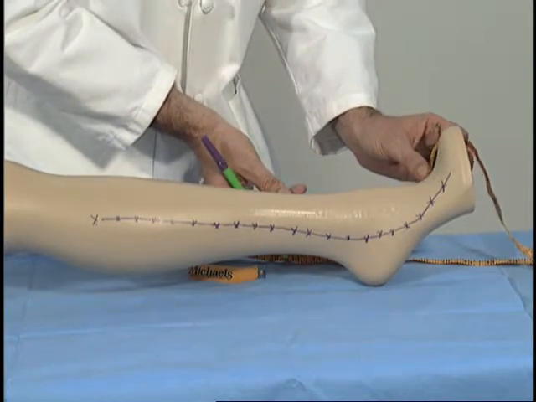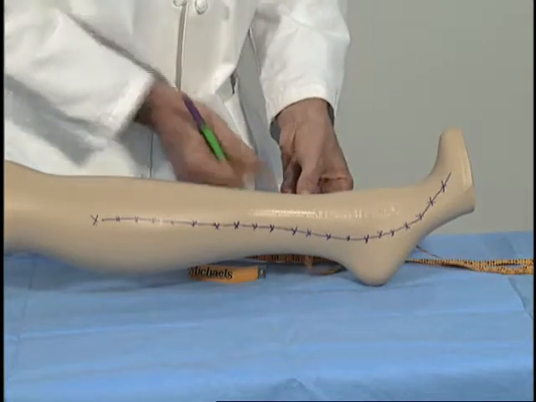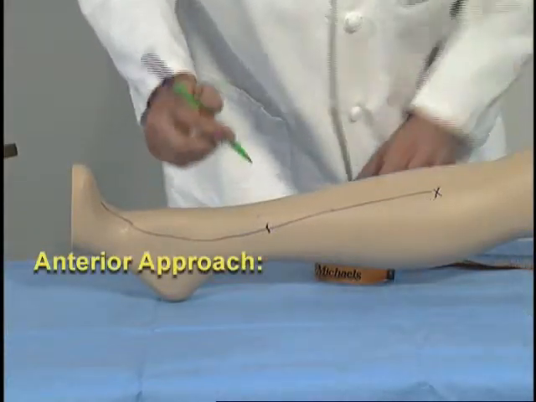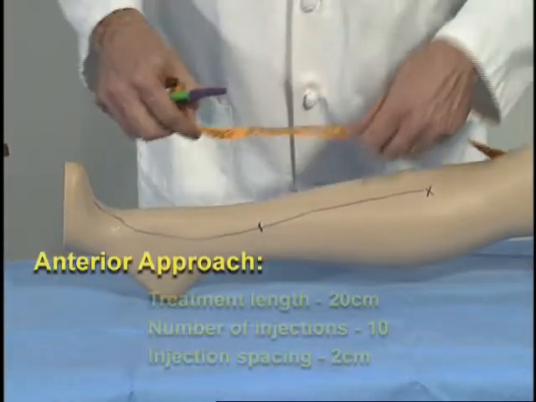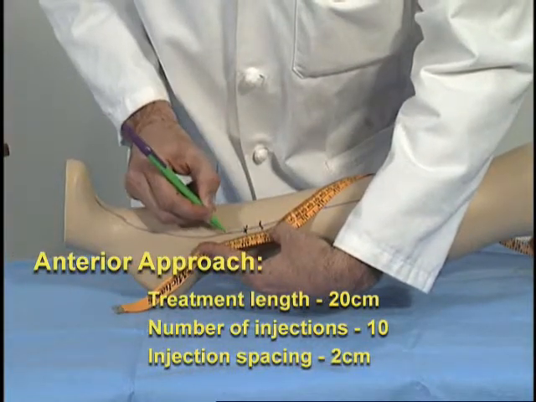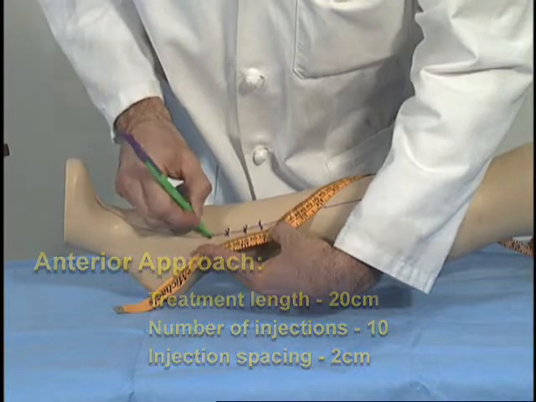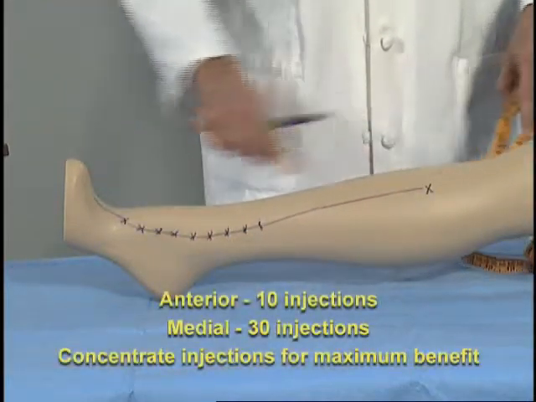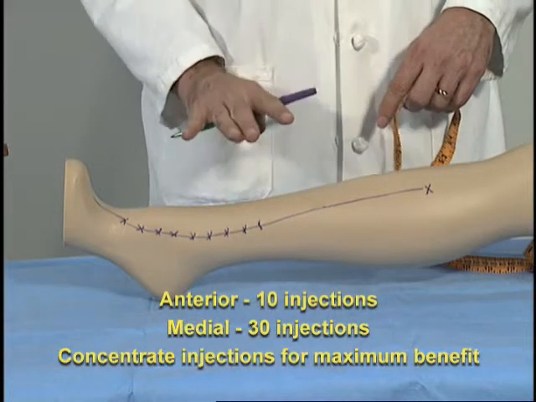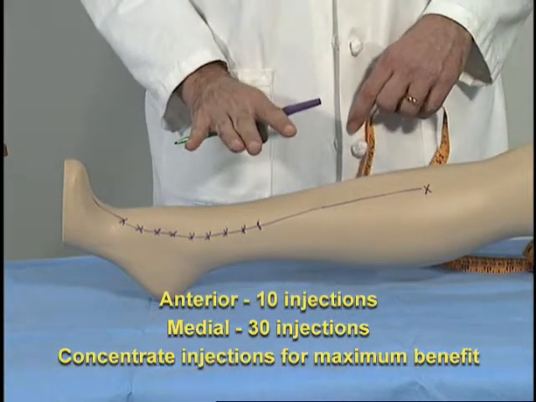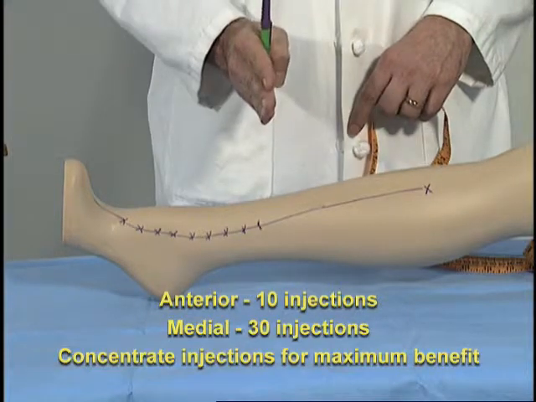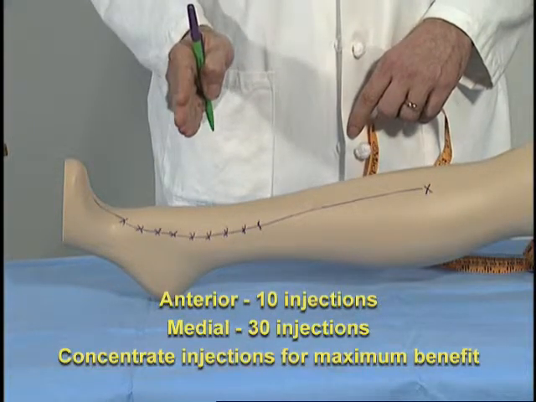So I'll measure back 20 centimeters from the end of this gradient, and here we'll be treating at 2 centimeter intervals over the remainder of the leg. So 10 lateral, 30 medial, concentrating your injectate where you want your maximal benefit, remembering that your spacing is minimum 1 centimeter, maximum 2 centimeters.